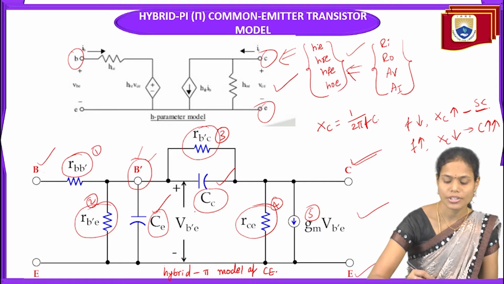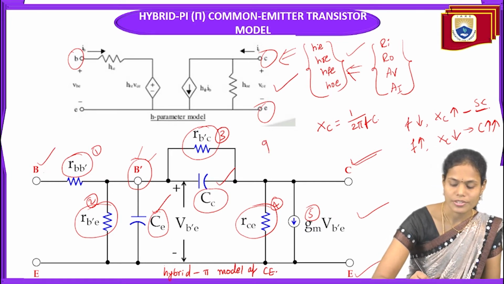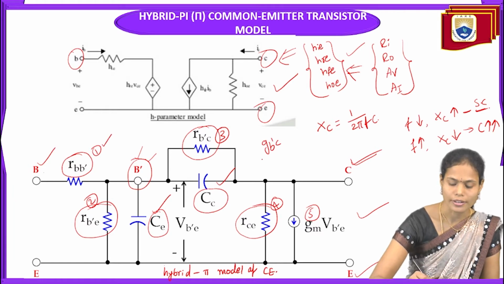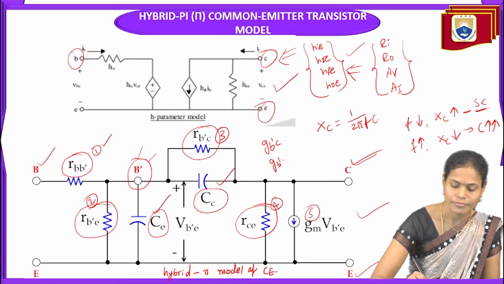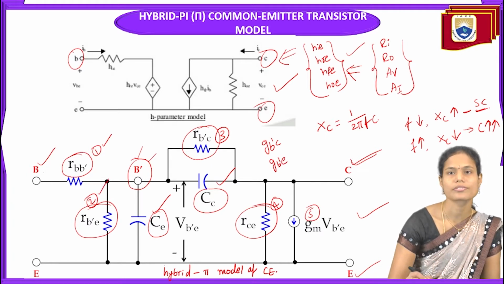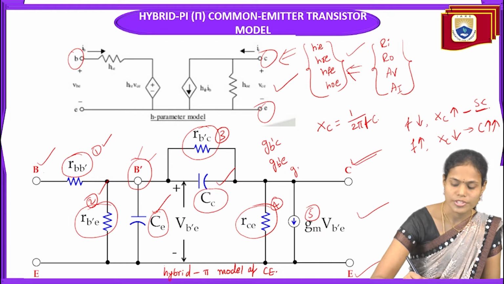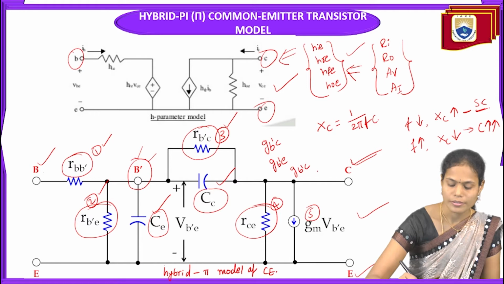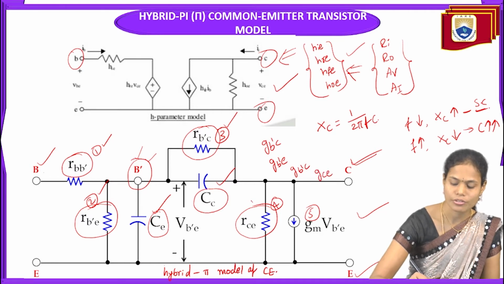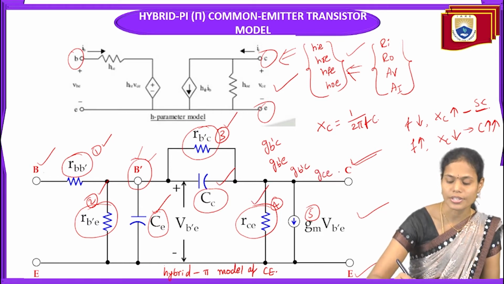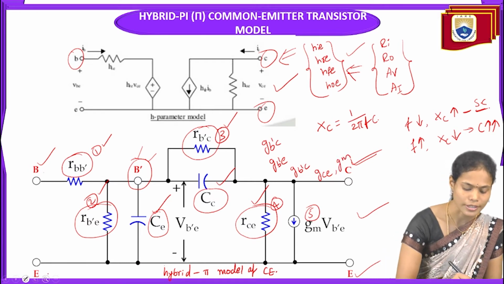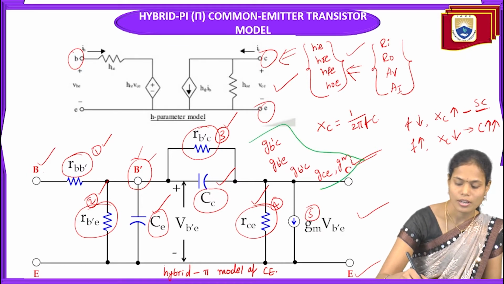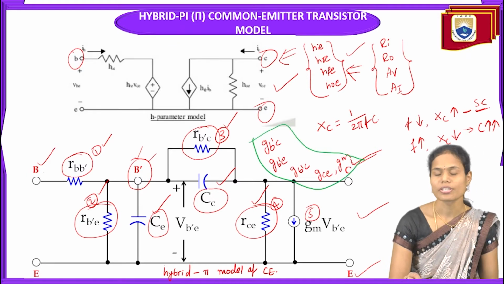In the previous session we derived the gb'c conductance related to the first resistor, gb'e conductance related to the second resistor, and gb'c conductance related to the third resistance, gce related to the fourth resistance, and the gm output conductance. So all these parameter derivations we have discussed already.